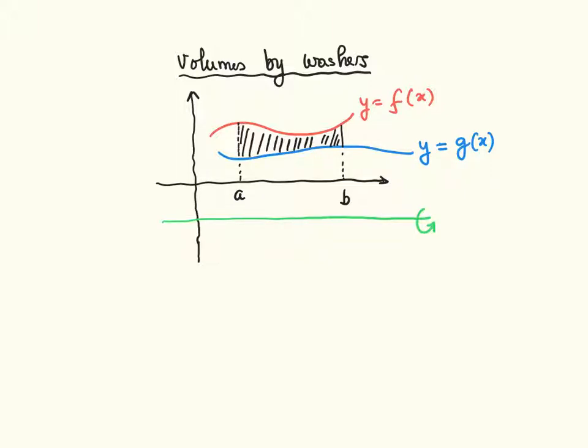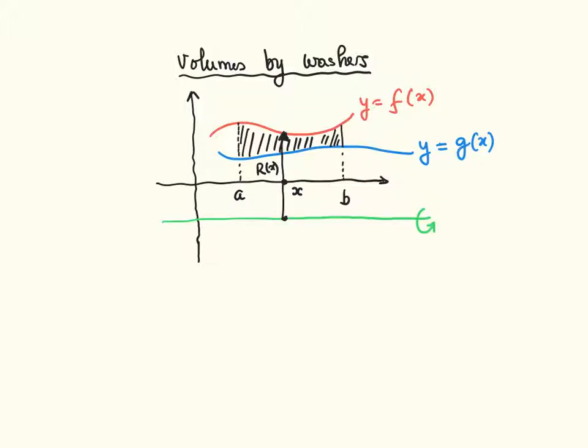Well, the way you need to think about this is consider a point x like this, anywhere from A to B, and then we will call this distance, from this line, the axis of rotation, to the graph of y equal f of x, capital R. It depends on x, so we'll call it R of x.